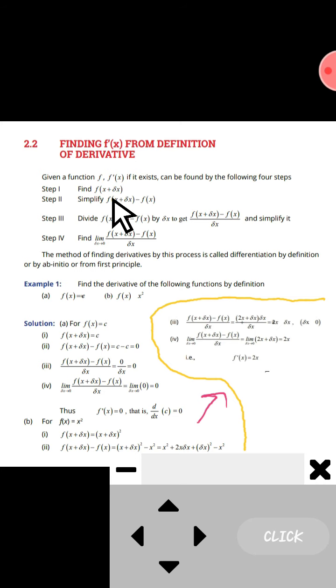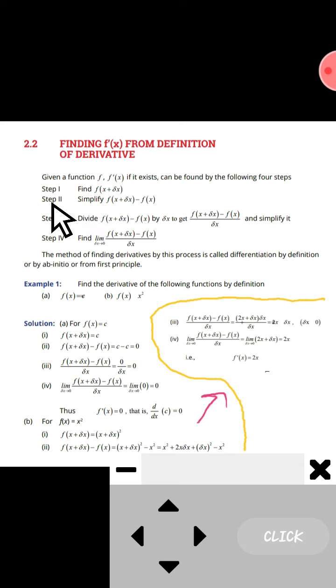So first of all we have to find f of x plus delta x of the function f of x. It means we have to add the small change, which is delta x, in the function.